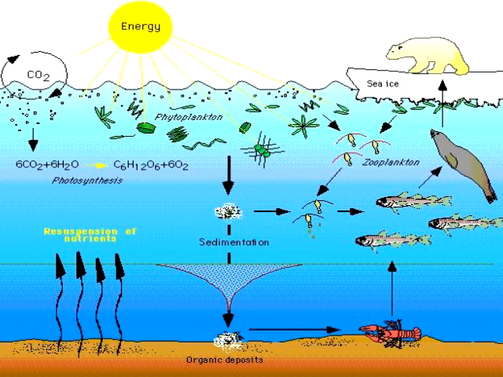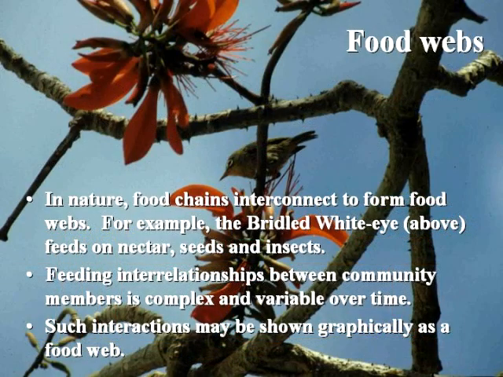So within this relatively simple web of organisms, you have individuals that do a variety of different kinds of things. So we can summarize these ideas like this. The idea that there are many connections between species, both within and between trophic levels.